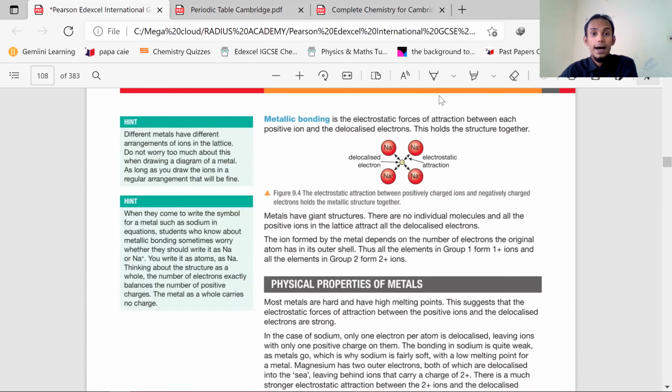Very good. So metallic bonding, we have given you the definition. It is an electrostatic force of attraction between positively charged metal ions and a negatively charged sea of delocalized electrons. So that is the interaction, delocalized electrons, and the electrostatic attraction between positive and negative charge is like this.